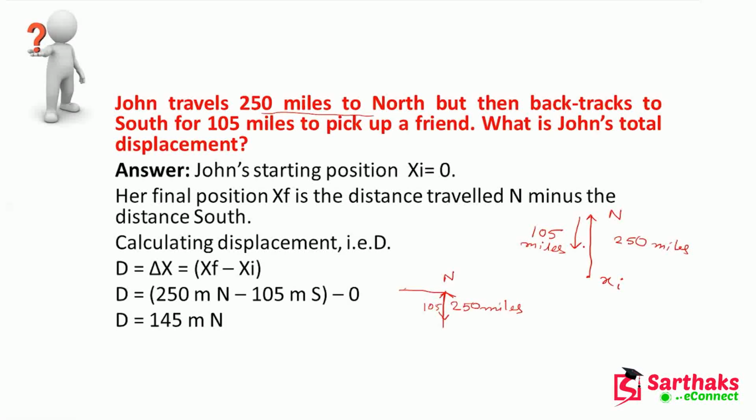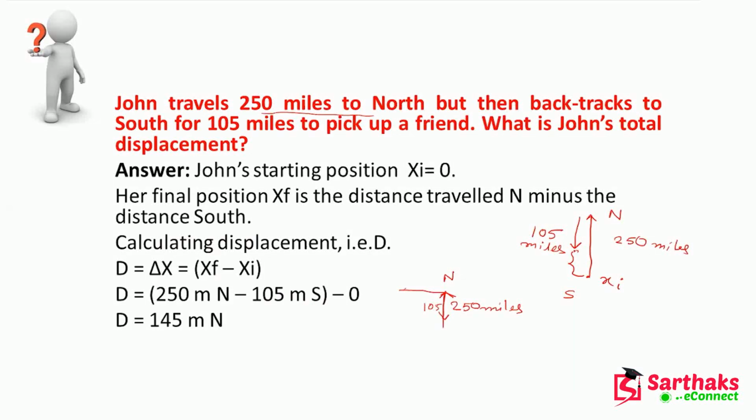This much, 105 miles, he has gone towards south, right? So how much is actually the displacement? This much is the displacement. So what is this value? That is 250 miles north minus 105 miles south.